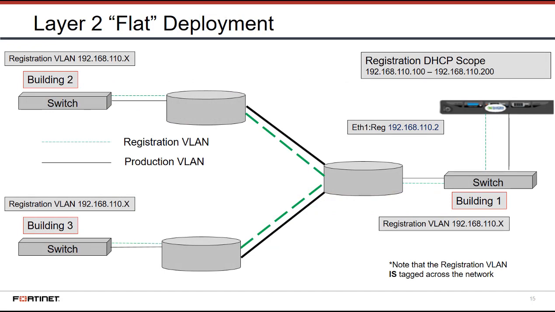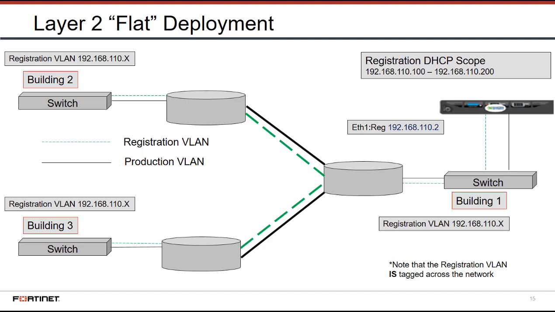So in a layer 2 type deployment, in this case, I'm using the example of registration VLAN, and it's a green dashed VLAN. It's one large flat network. So it's the same VLAN that spans across building 1, building 2, building 3, and the Fortinet itself off of Ethernet 1 has an interface sitting on that VLAN.